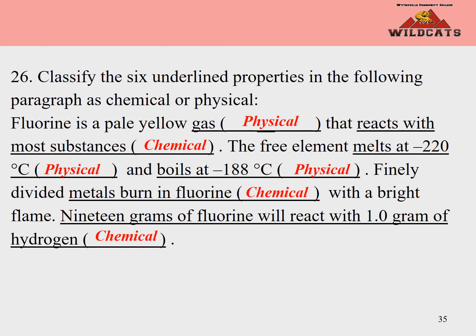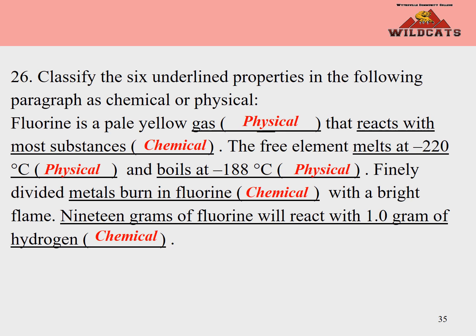Number 26 says, classify the 6 underlined properties in the following paragraph as chemical or physical. I've already put these in here, so we don't have to play with animations. Fluorine is a pale yellow gas. We're looking at the pale yellow, and so that's a physical property. Reacts with, so there's a reaction, so that's chemical.